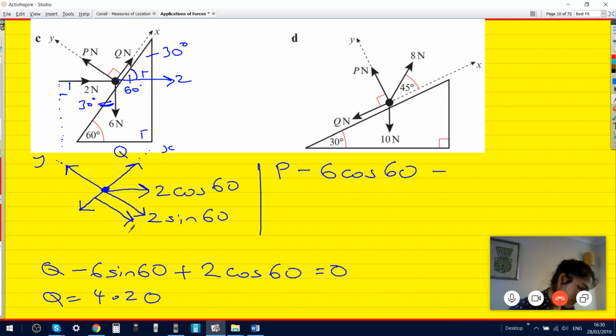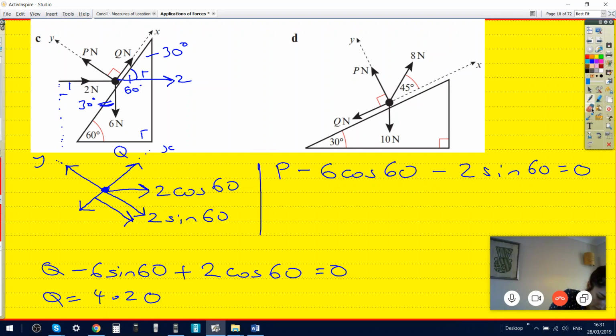Is that it for vertical? What about the 2 force? Because that's not perpendicular. 2 sine 60. Yeah. Hang on. So P minus 6 cos 60 minus 2 sine 60 equals 0. P equals 6 cos 60 plus 2 sine 60.